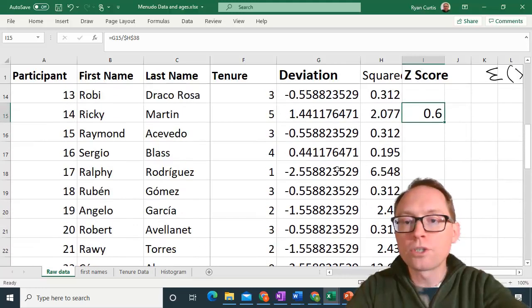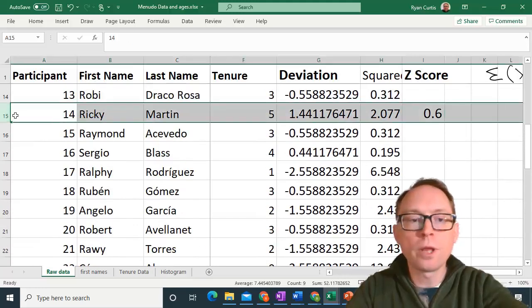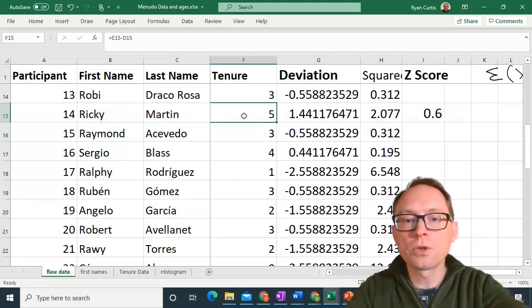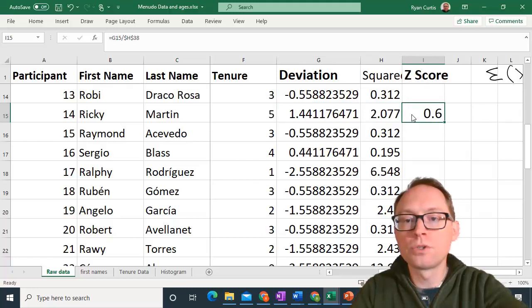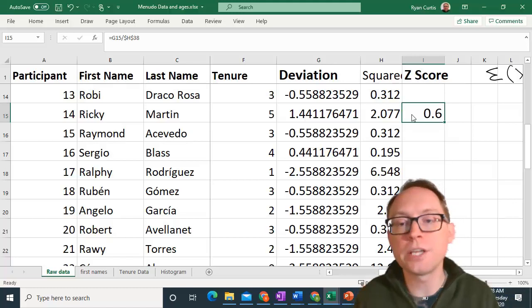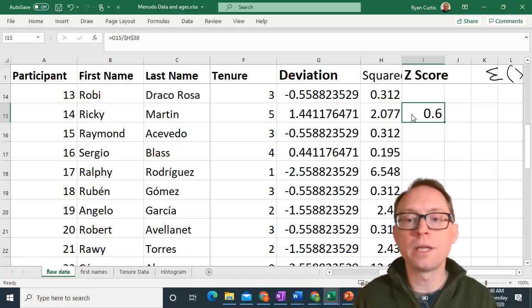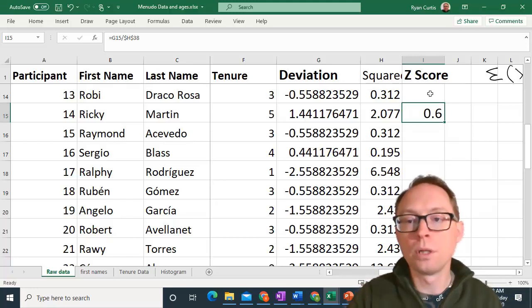We are changing Ricky Martin's raw score to a deviation, and then his individual score to a standard deviation. The z-score is the number of standard deviations Ricky Martin is above or below the mean. So let's do this for everybody else.